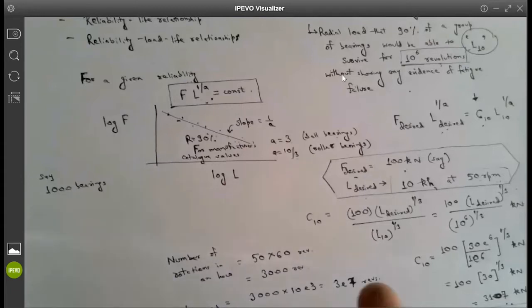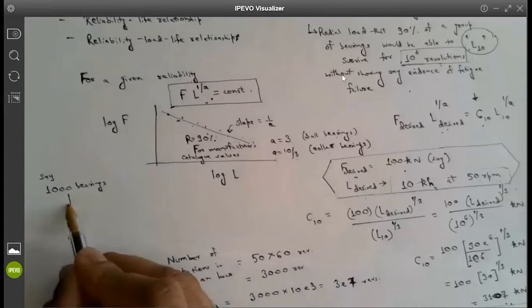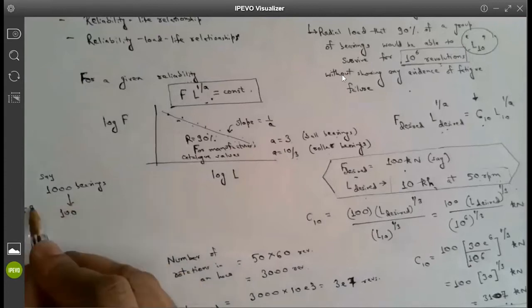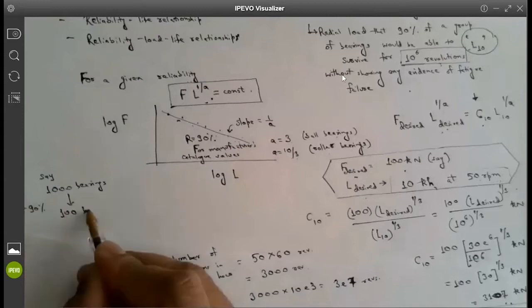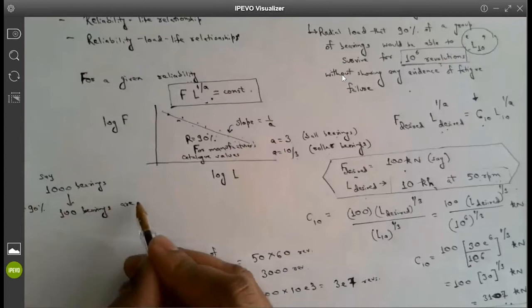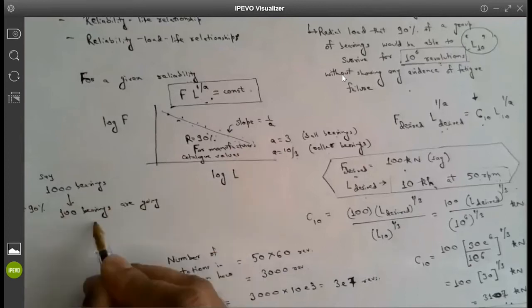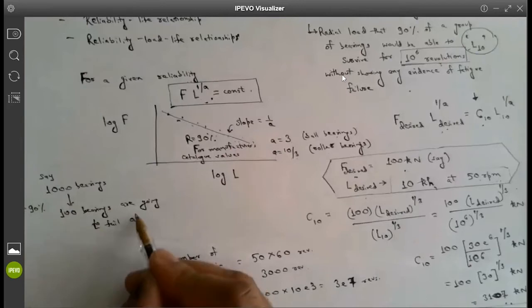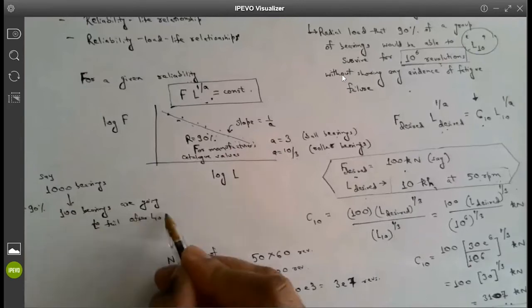Out of those 1,000 bearings, 10% are going to fail after 1 million revolutions. That means 100 bearings are going to fail. Reliability of 90% basically means 100 bearings are going to fail after L10 life, which is 1 million revolutions.